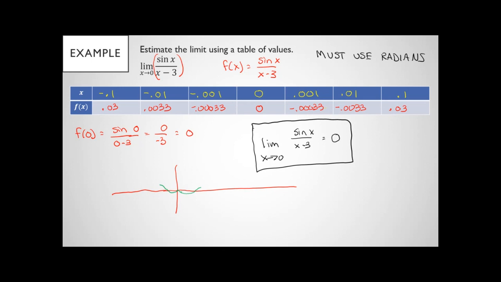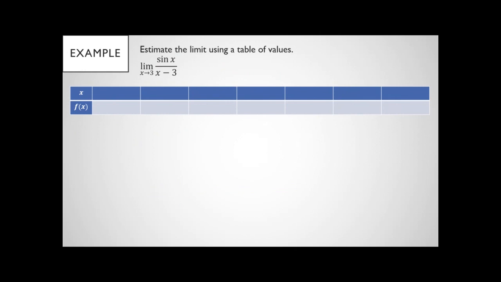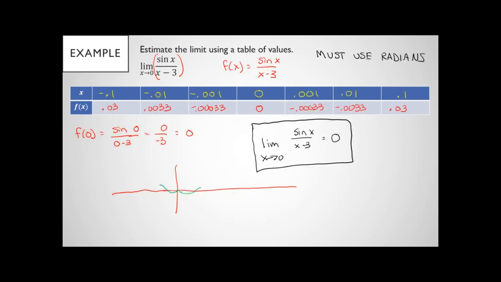Okay. So here we're going to estimate the limit. It's the same function, but it's going to be at x equals 3. The more important thing here is setting up our table, picking our table of values. I usually take whatever I had if it was centered at 0 and add 3 to each of these to get my new table.